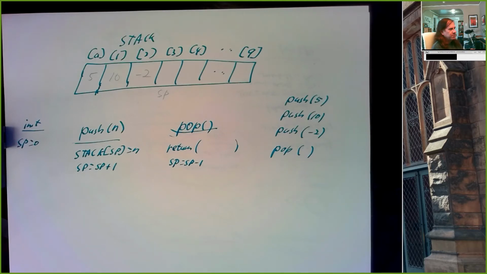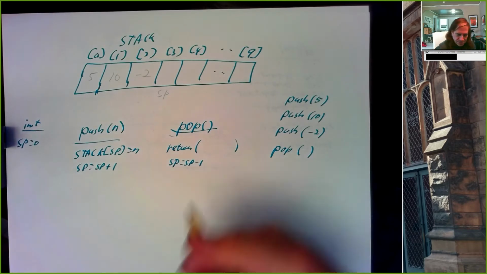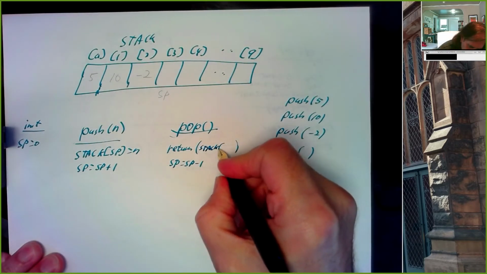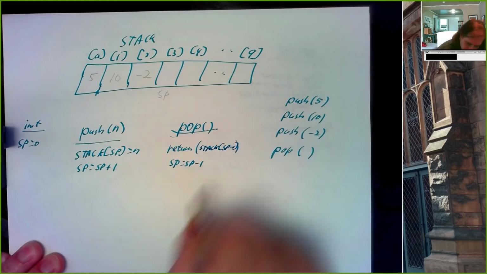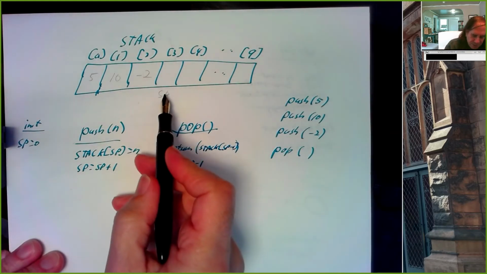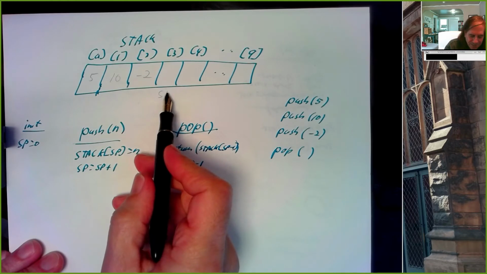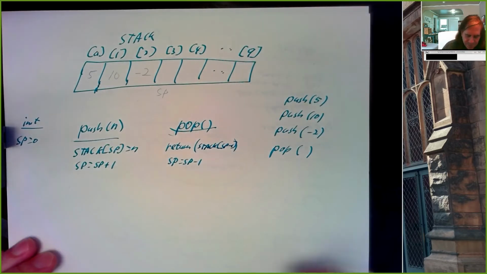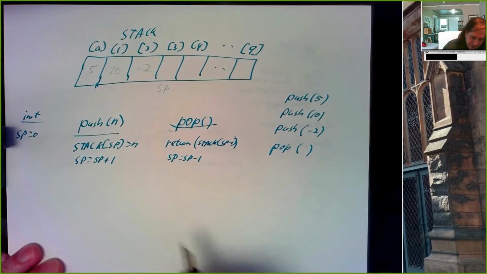SP minus 1, stack bracket SP minus 1. Here's our stack pointer right now, so the value we want to pop is 1 spot before that. So let me just do it like this.